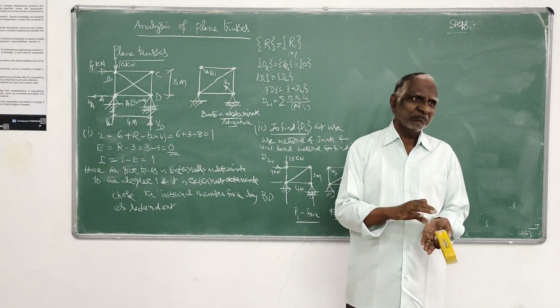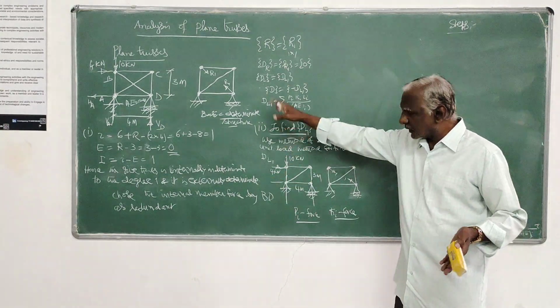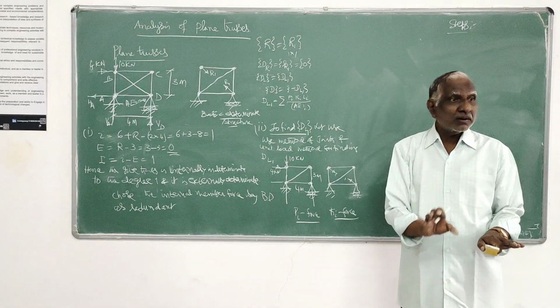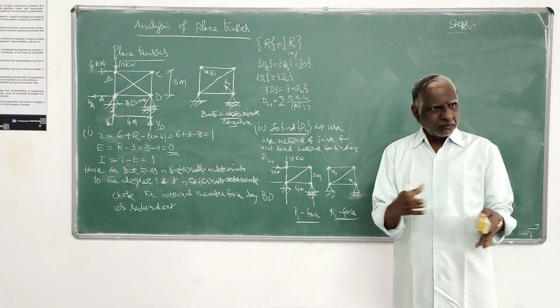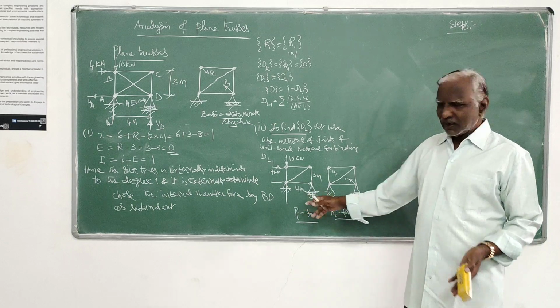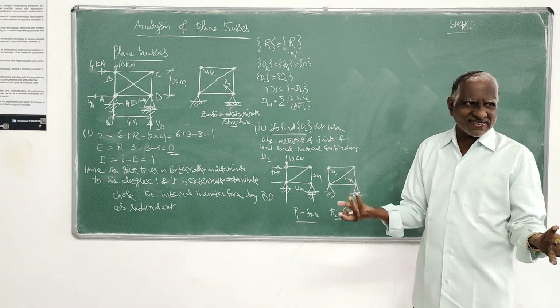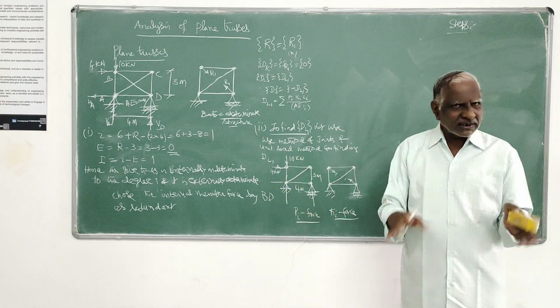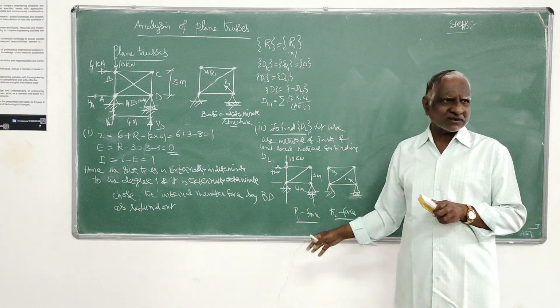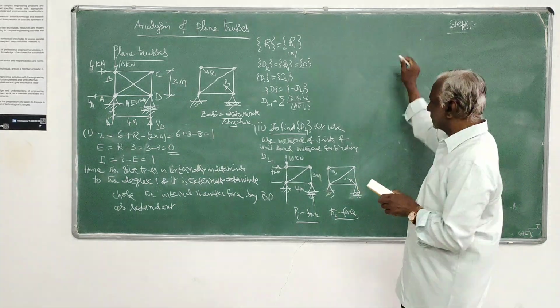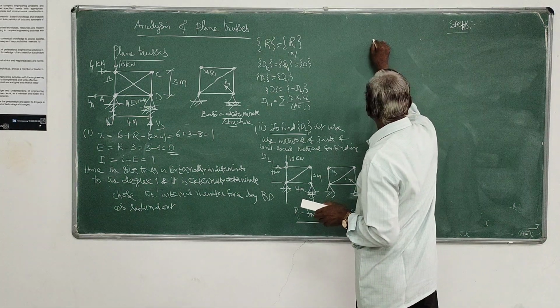I have to remove the redundant, and for the remaining structure only you have to do the analysis. Otherwise you cannot analyze. So you have to remove it, make it determinate, and the determinate structure only you are analyzing. So let us adopt that.